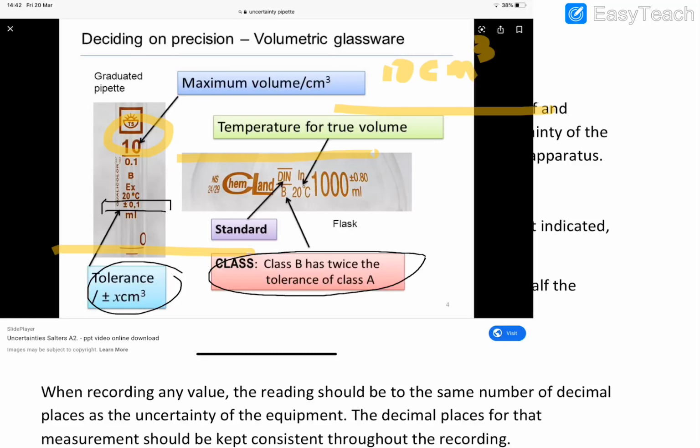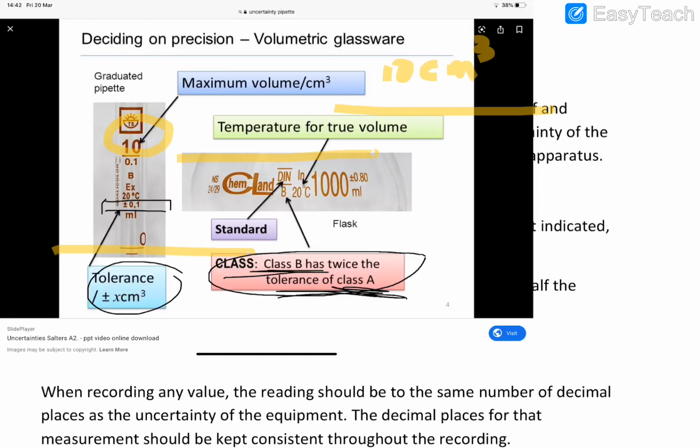The class of the equipment, or the grade of the equipment: twice the tolerance of class A means that it is twice less accurate, which means that class A is more accurate than class B. Then you have different types of equipment: class A type 1, class A type 2, class B type 1, class B type 2.